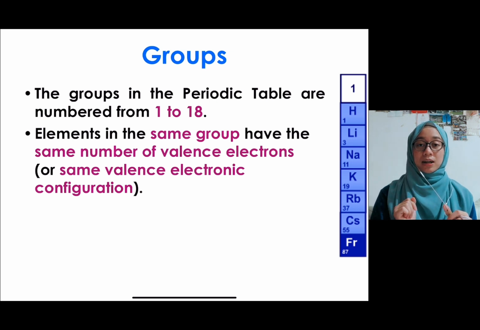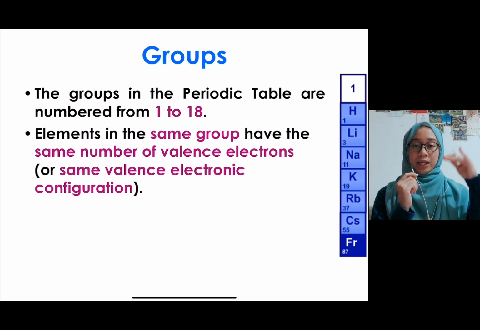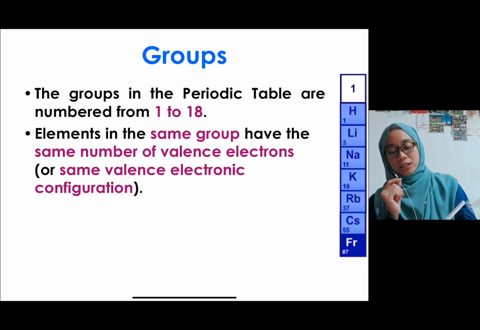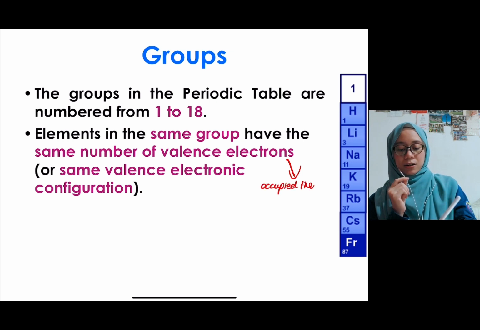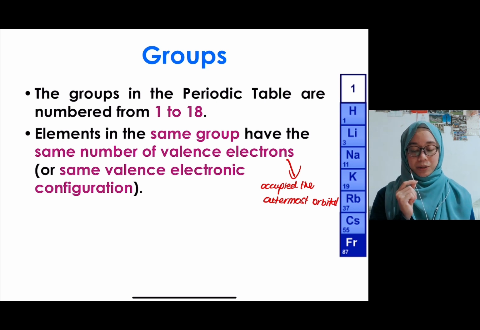But you have learned valence electron in school before, right? So valence electron is the one that occupies the highest energy orbital, the outermost orbital. Automatically the outermost orbital is the highest energy orbital.